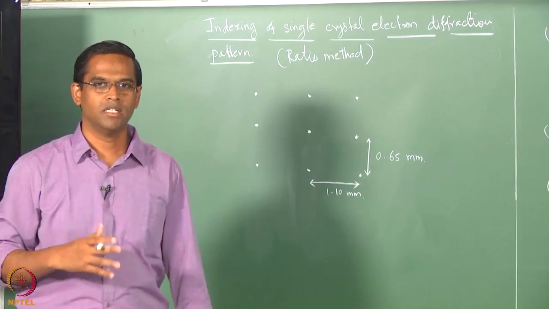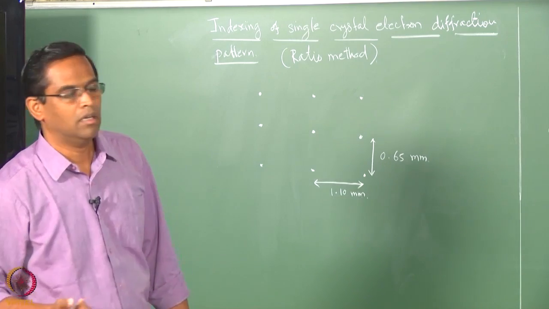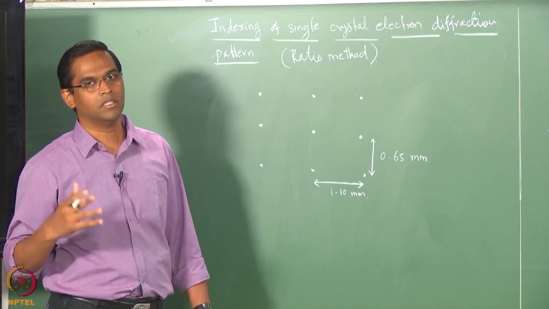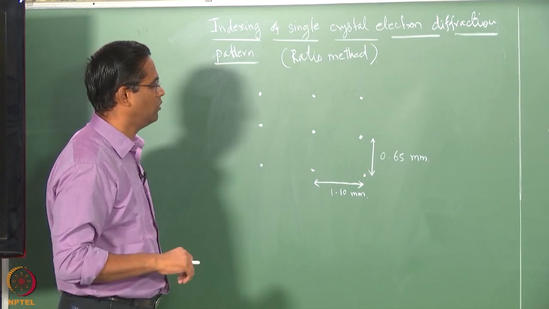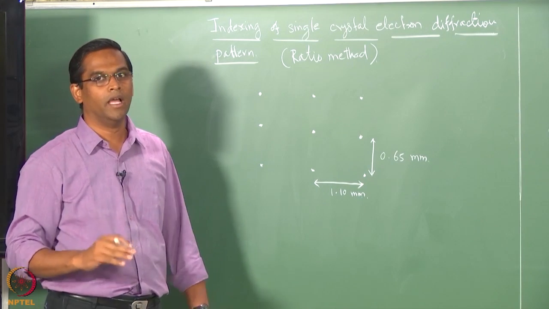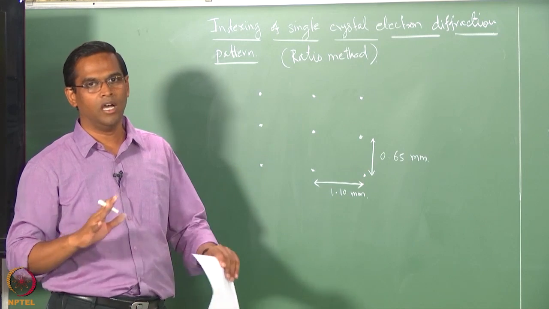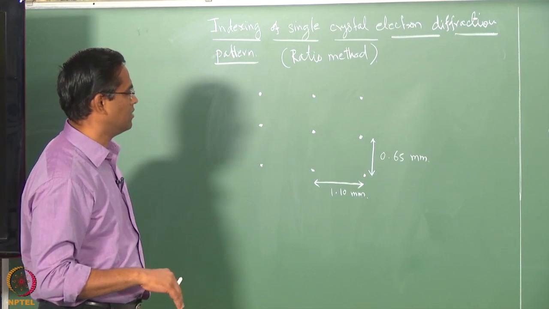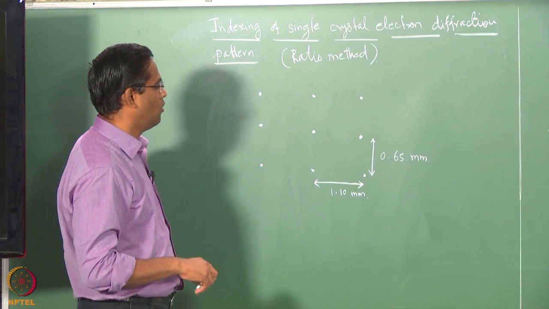It is also used when the camera constant is known, then this method is preferably used, but nevertheless we will not take those into consideration. We will assume that we do not know any data on those parameters. So, how to go about it?